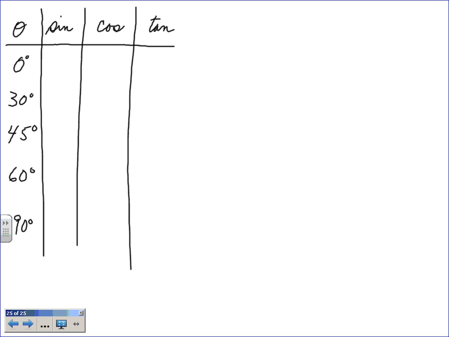All right, so here's what we've sort of picked up from our triangles there. We said that the sine was the square root of 2 over 2, and we said the cosine was square root of 2 over 2. And the tangent of 45, which is sine over cosine, is 1. Okay? And we figured the sine of 30 degrees was 1/2.